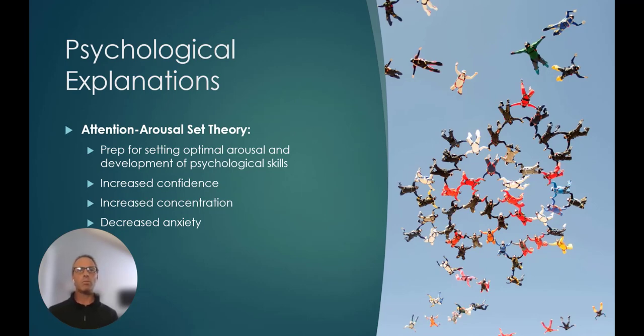When we have those pregame jitters, if we have prepared ourselves with a mental script of what that event is to be like, and we repeat that script over and over again, then we have the ability to set our arousal at its optimal level so that we can perform our best, right? Because when we go into an event with the correct arousal, it gives us confidence, it increases our concentration, and it decreases anxiety, all things that will improve our performance.